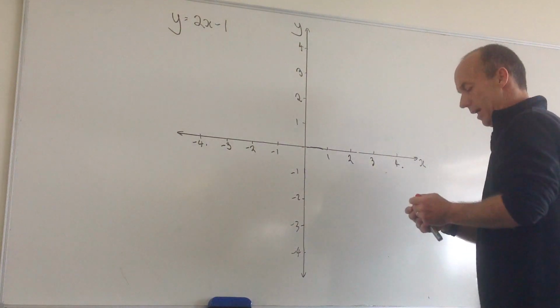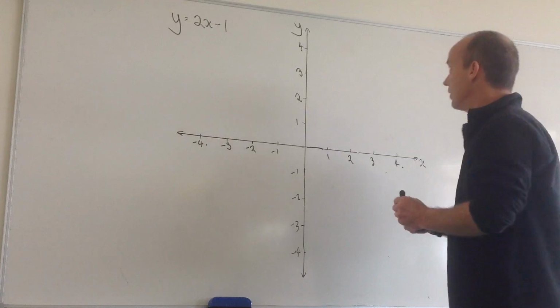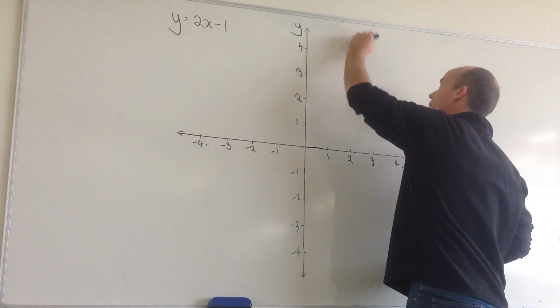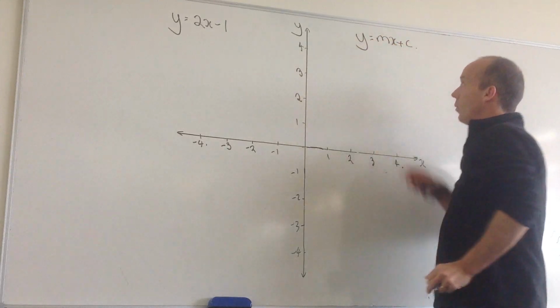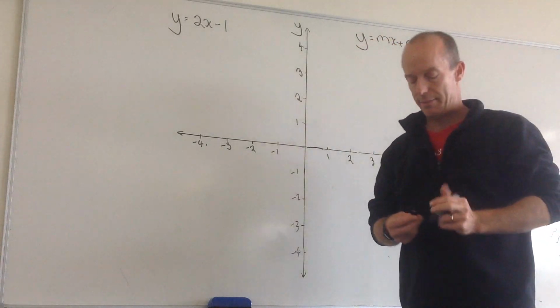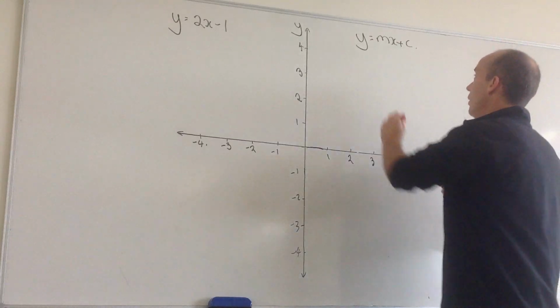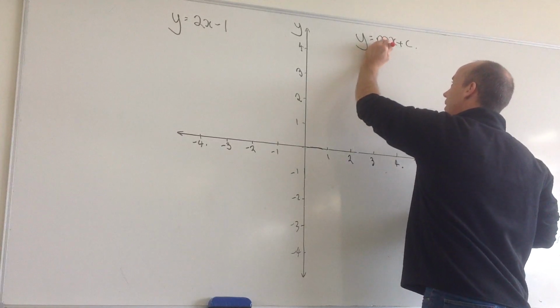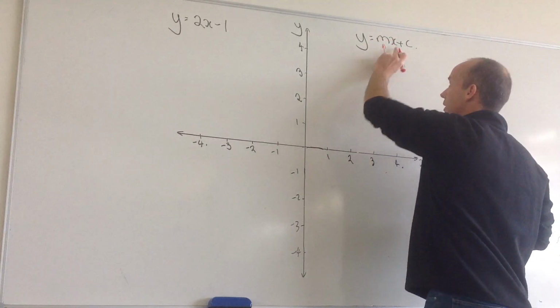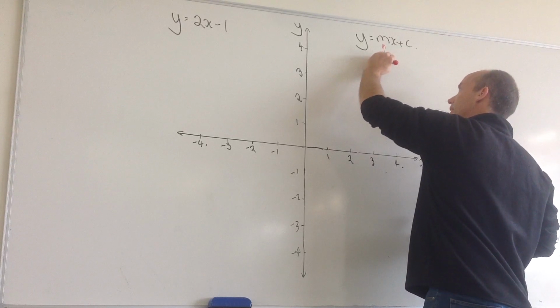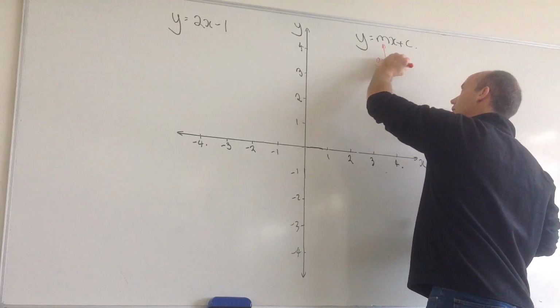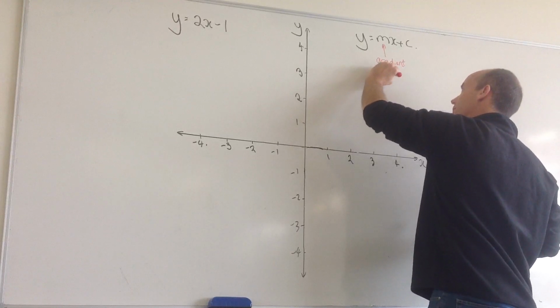Okay, if I've got a linear equation and it's written in this form, y equals mx plus c, we call this a standard form. That's really useful to us because the number m in front of the x, the coefficient of the x value, is equal to my gradient or my slope.